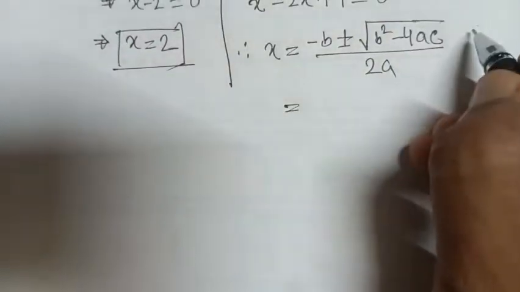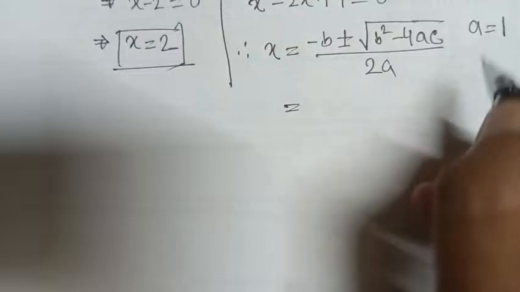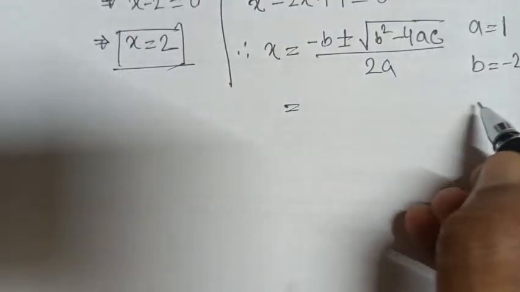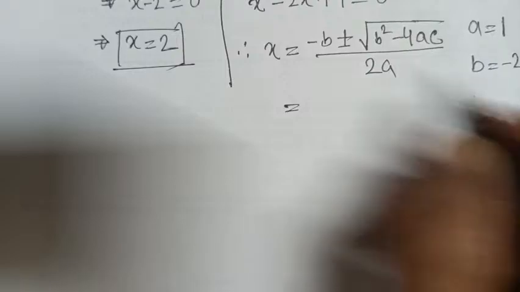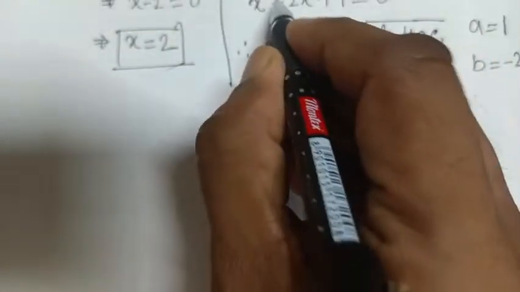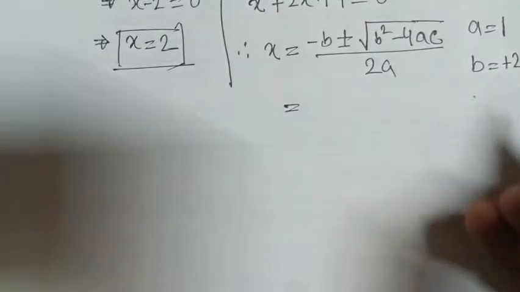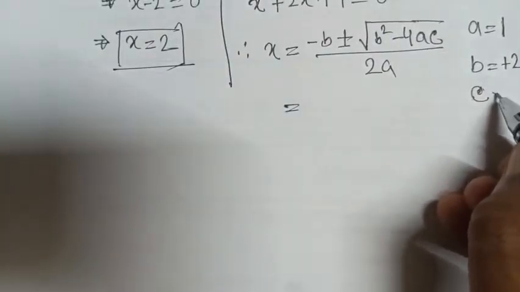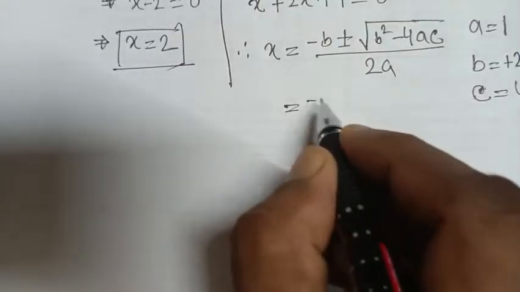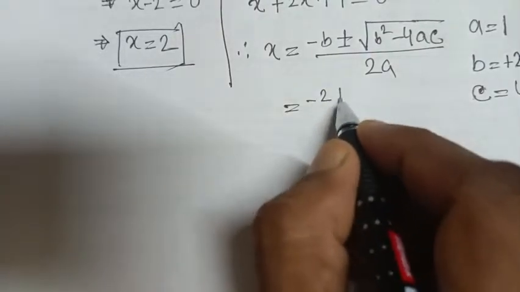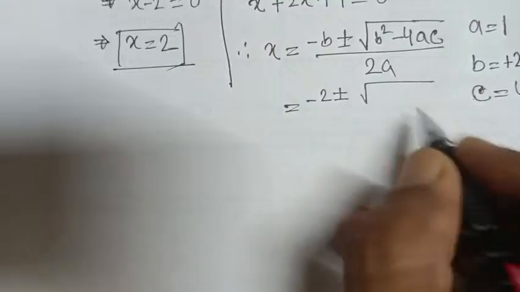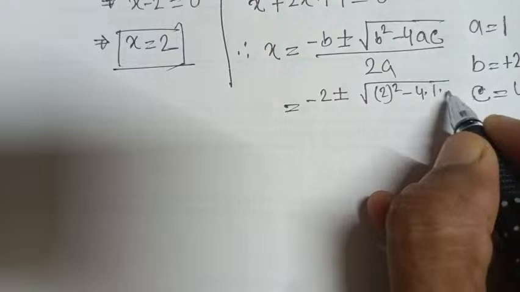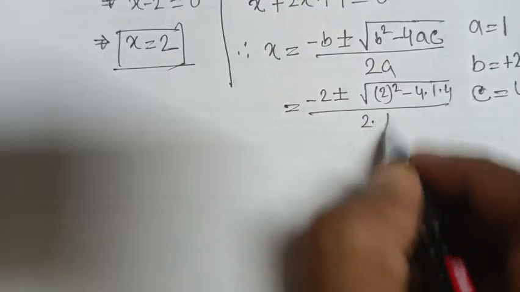If we put in the values, we get a equals 1, b equals minus 2, and c equals 4. Therefore, x equals 2 plus or minus the root of minus 2 squared minus 4 into 1 into 4, by 2 into 1.